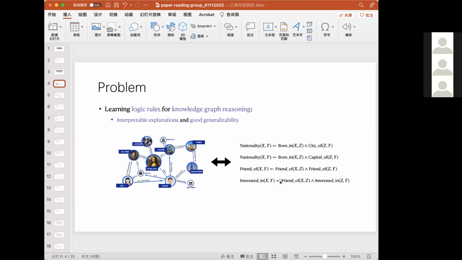So logical rules also have very good generalizability. That is the reason why this paper tries to learn logical rules and then leverage the learned rules for knowledge graph reasoning.